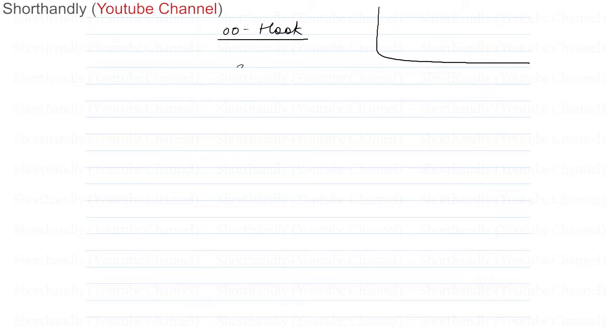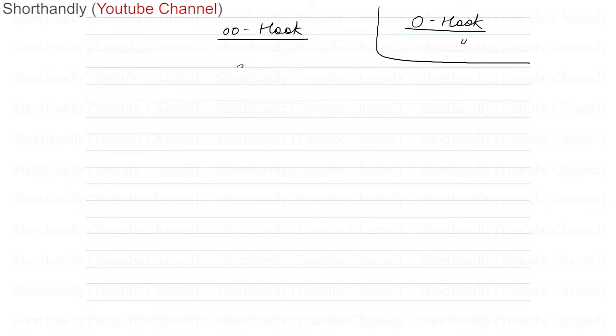Alright, so what is the oo hook? If you remember from the previous lessons, we talked about the o hook, which is made like this.